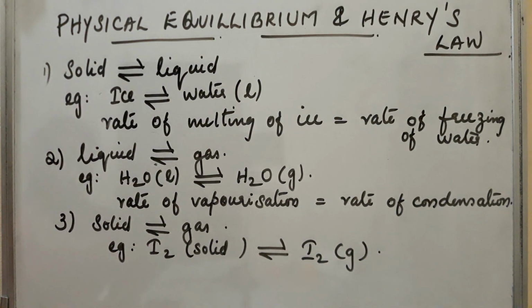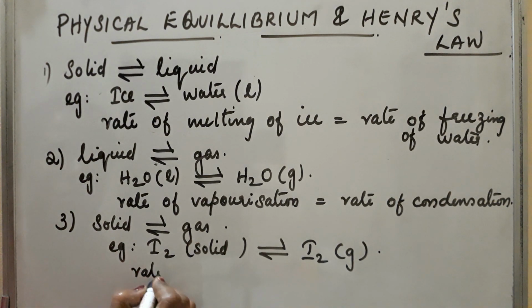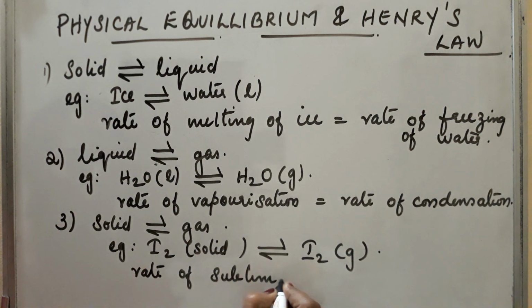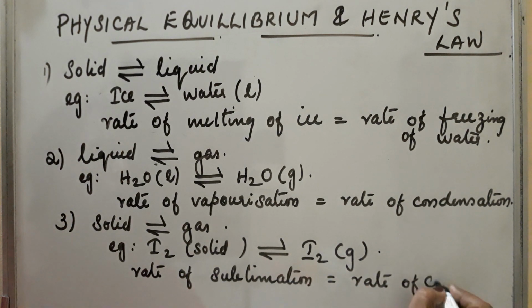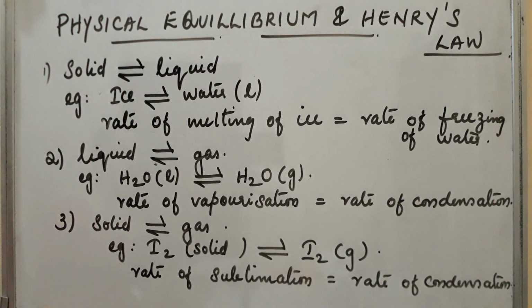An equilibrium is attained, that is, at equilibrium, rate of sublimation will be equal to rate of condensation. Such equilibria are known as solid-gas equilibrium. These are the three types of equilibria in physical equilibrium.